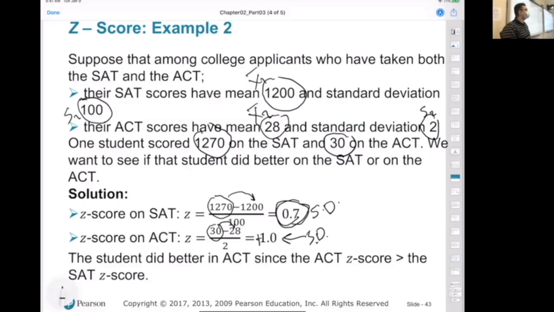So now we can compare the two values. Which one is higher? Which z-score is higher? Yes, ACT, because it's equal to 1, greater than 0.7. So in which test did that person do better? In the ACT, because it's 1 standard deviation above the mean of the distribution.